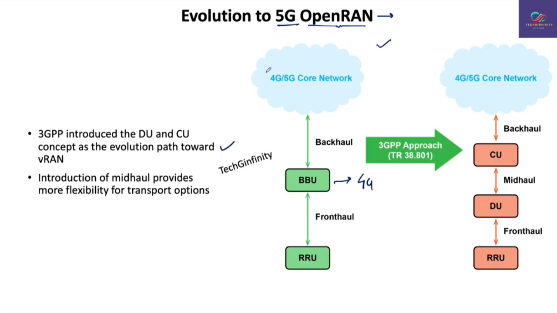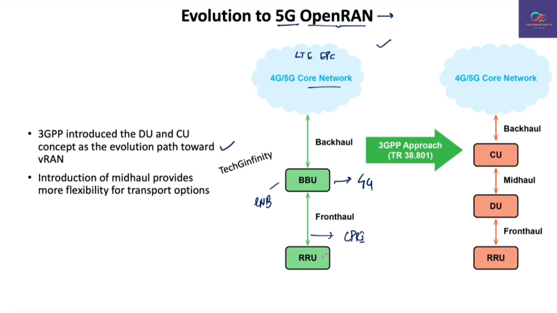Now you can see a comparison between 4G and 5G technology and how things have changed as per 3GPP. This is your core network. We call it LTE EPC, and that is connected to the BBU, which we call the eNodeB in legacy technology, and this is connected with your radio unit using the Common Public Radio Interface.